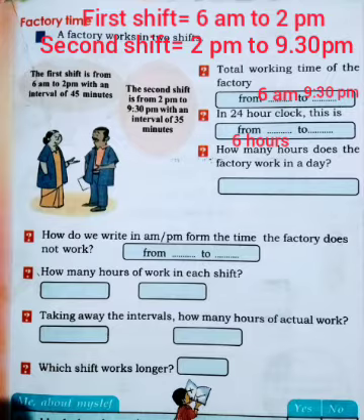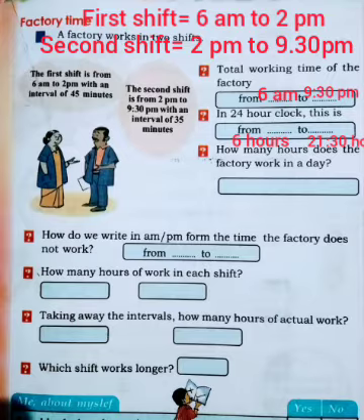Here the time is 9:30. We add only 9 plus 12. What is the answer? 9 plus 12? 21. So answer is 21 hours 30 minutes. So in 24-hour clock the time is 6 to 21:30. How many hours does the factory work in a day?